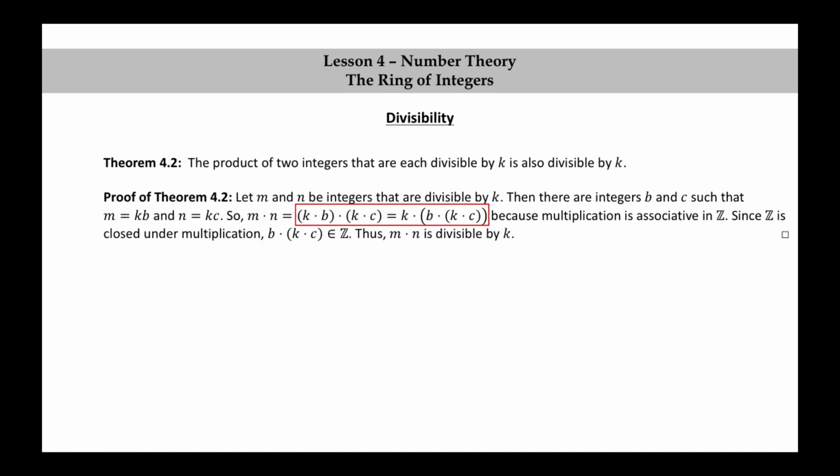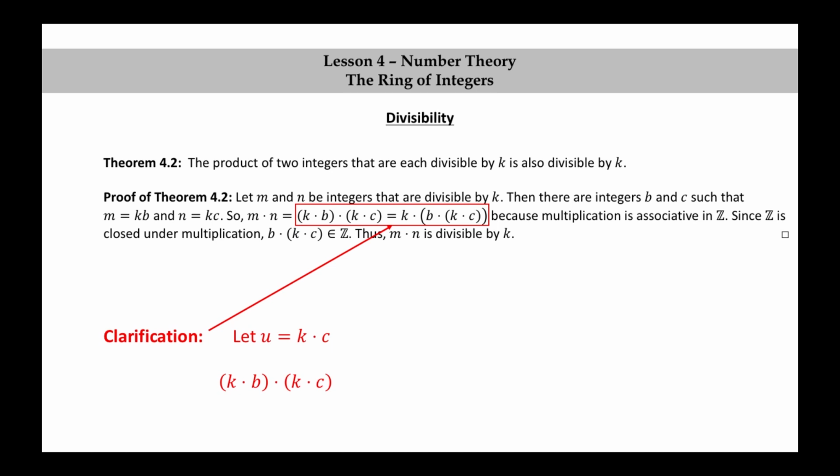Now, I promised a clarification of this step, just in case you're not quite seeing how we used associativity to regroup those parentheses. We can see this a little more clearly by first making a substitution and letting u equal k times c. So we have (k times b) times (k times c).